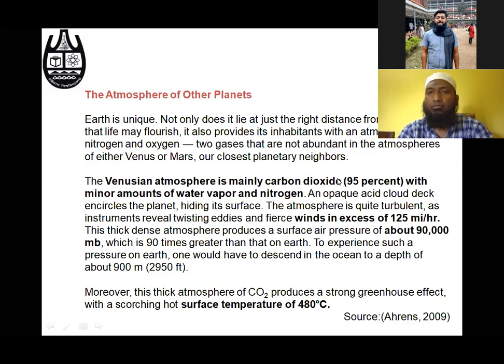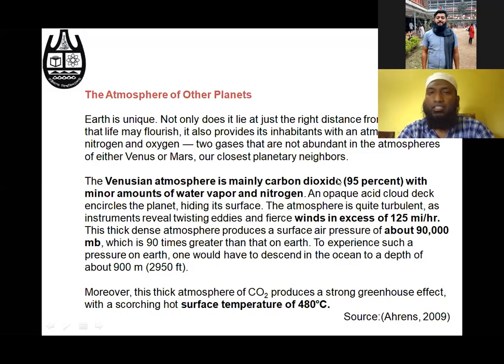Here some important things should be noted when we discuss the atmosphere of different other planets. One is, what are the main components of the atmosphere of that particular planet? For example, in case of our planet, the Earth system, most of the atmospheric phenomena depend on two major gases.